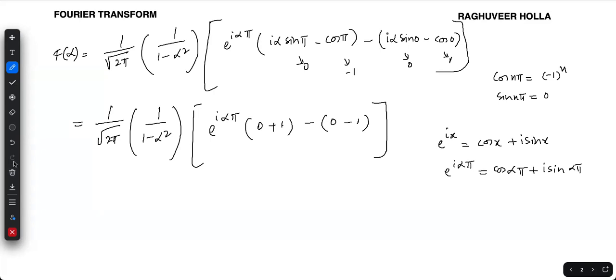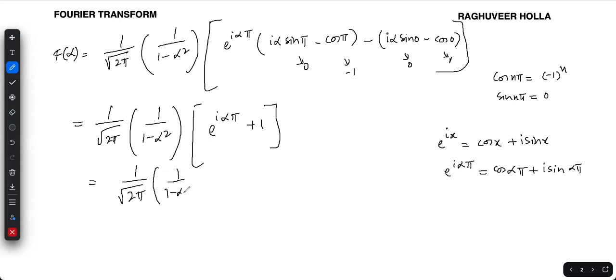So I can take this. So this is plus 1 and by root 2 pi into 1 minus alpha square. As I said, this is cos alpha pi plus i sine alpha pi plus 1.